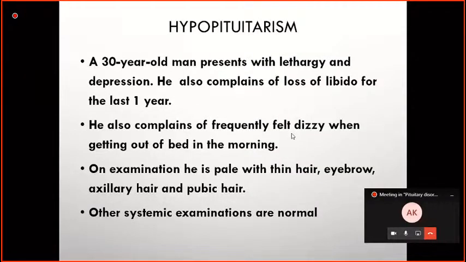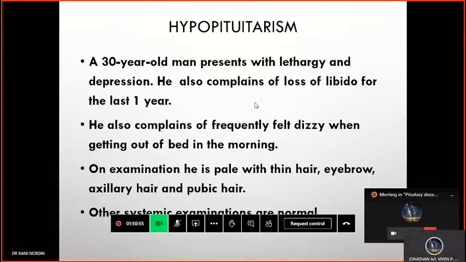Okay, so what does this indicate? Why lethargy and depression? Lack of thyroid hormone. Lack of cortisol. Loss of libido is because of your LH, FSH, your gonadotropin.